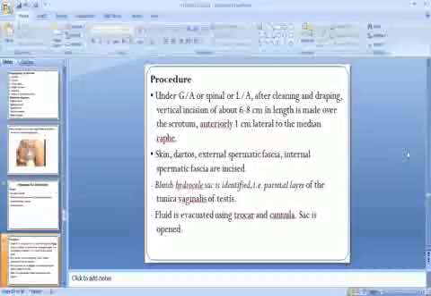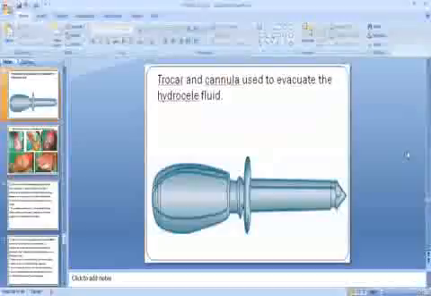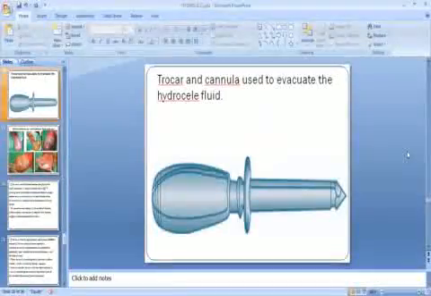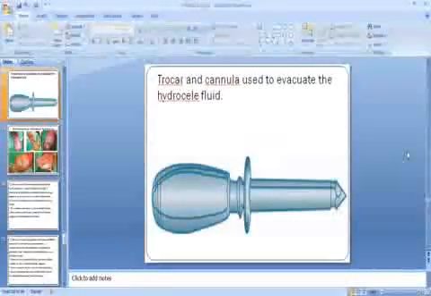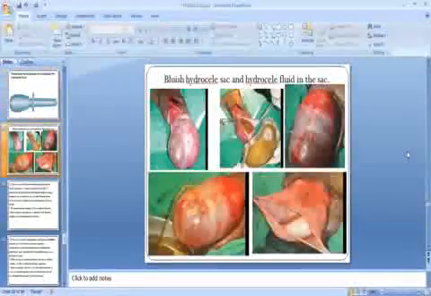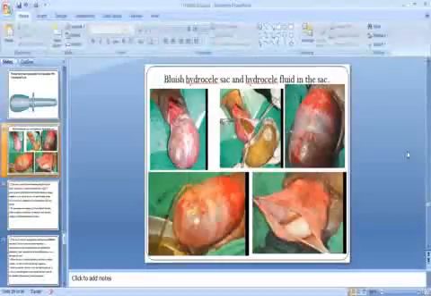Fluid is evacuated using trocar and cannula as it is opened. You can see this is the trocar and cannula used to evacuate the hydrocele. In this picture, you can see the bluish hydrocele sac and hydrocele fluid in the sac.